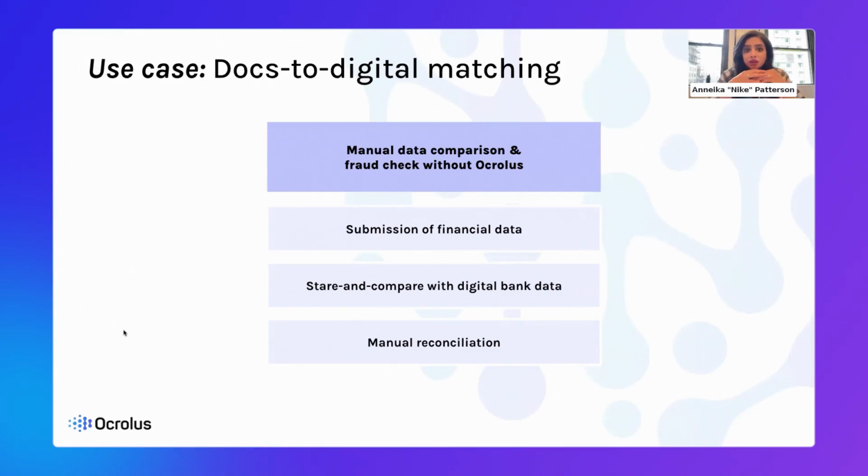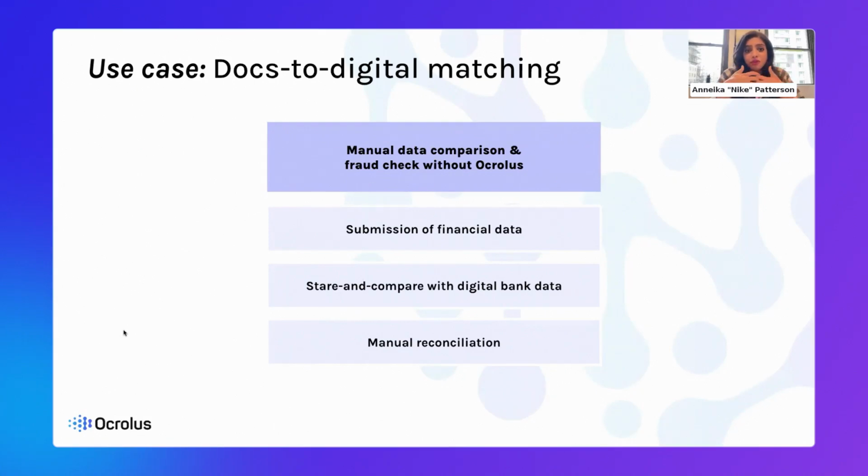That's where I use Ocrolus's suite of 500 plus cash flow analytics to really dig into the financial health of this merchant. And then once I've gone through the process and I've decided that I do want to move forward with funding that merchant, that's the point at which funders are telling me it's an increasingly best practice move to request the digital bank data from the merchant.